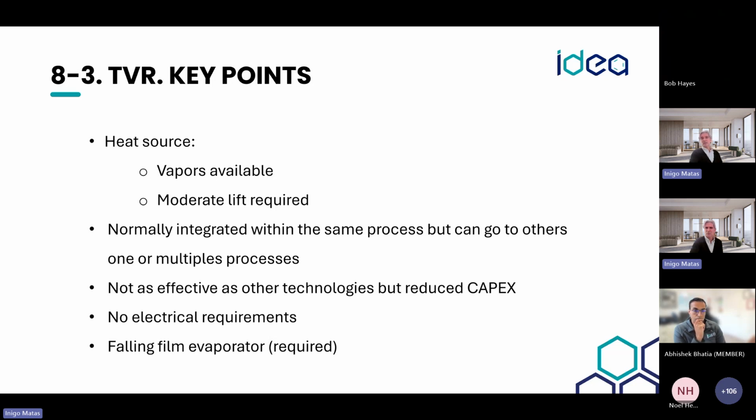There are more effective technologies, but the good thing is that the capex is much smaller and they don't need a significant amount of electric power, just to move a bit of condensate, unlike the heat pump that we were speaking of before. And in these cases, we use a falling film evaporator, which is the most effective way of capturing energy, producing low pressure vapors in a condenser.